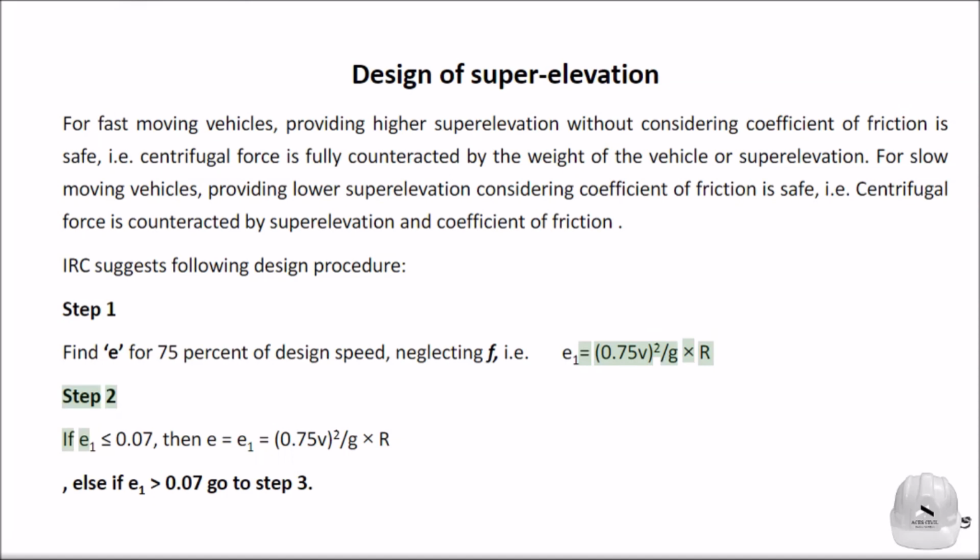If e1 is less than 0.07, then e equals e1 equals (0.75V)²/gR. Else if e1 is greater than 0.07, go to step 3.